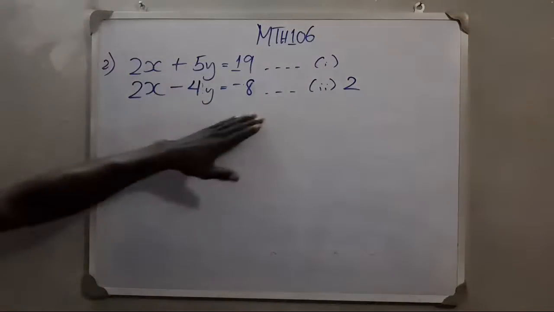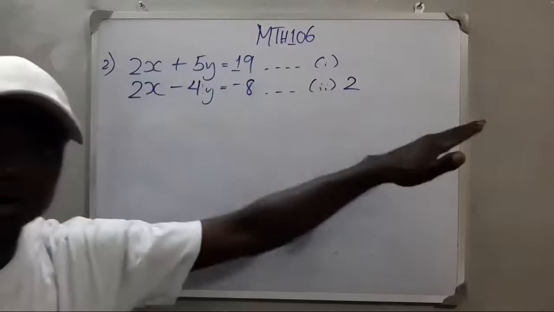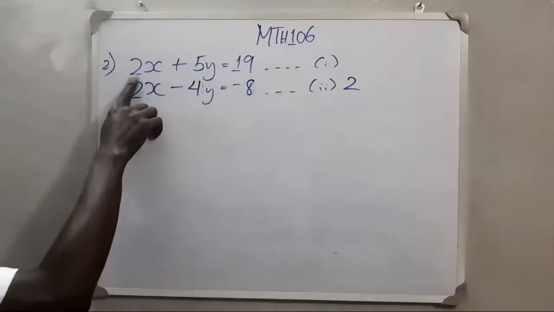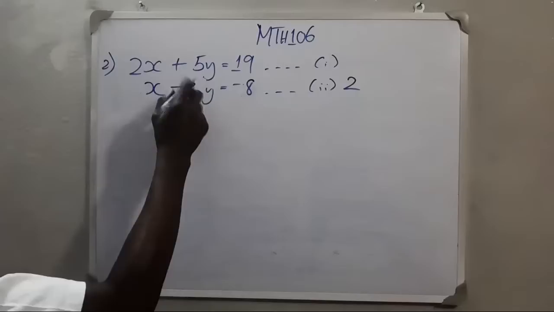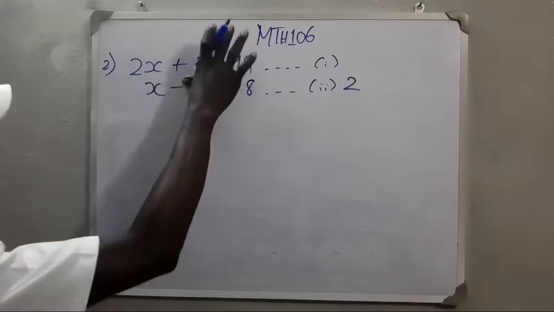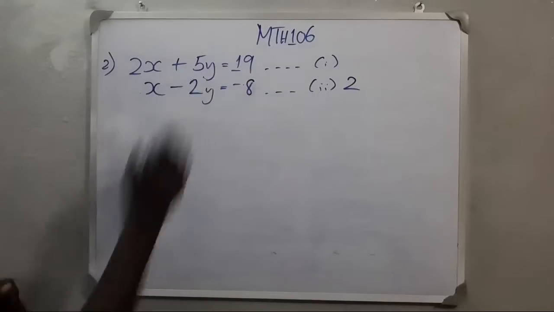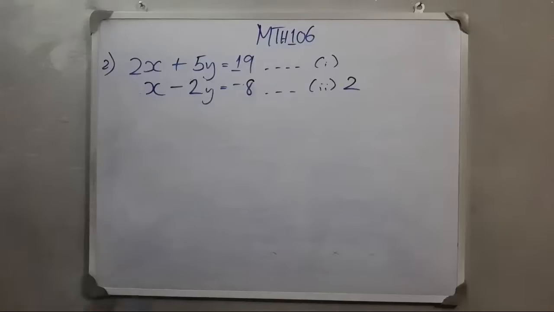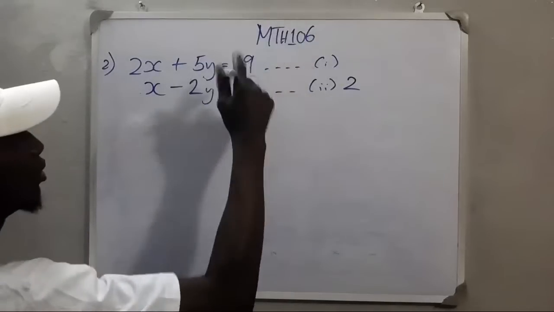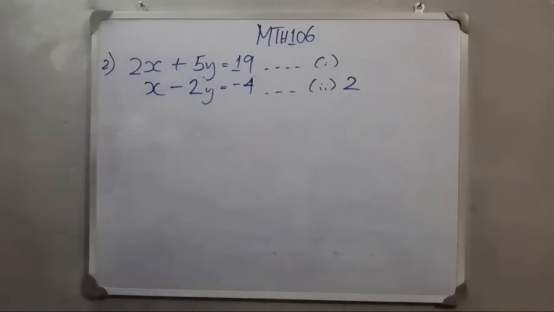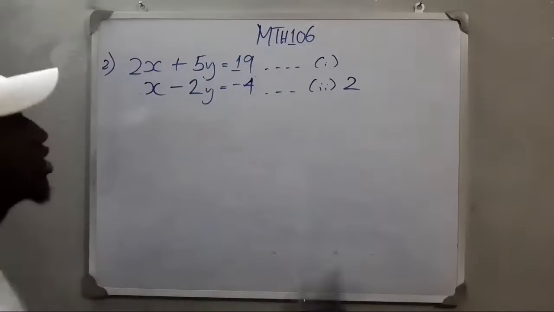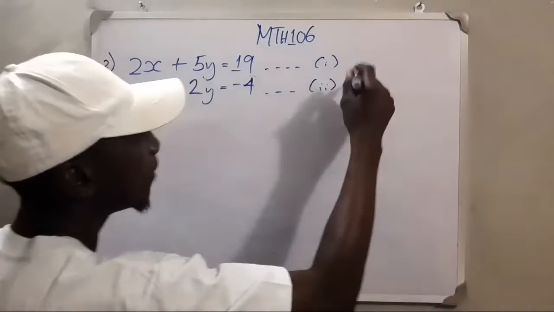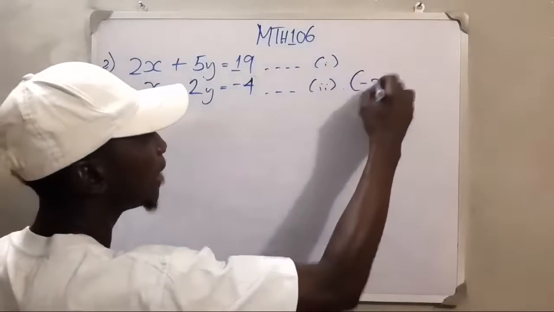With this, we still can't strike anything out. I think this is 2, and this is 4. So the only way we can achieve striking out the coefficients of any unknown is multiplying equation 2 by minus 2.